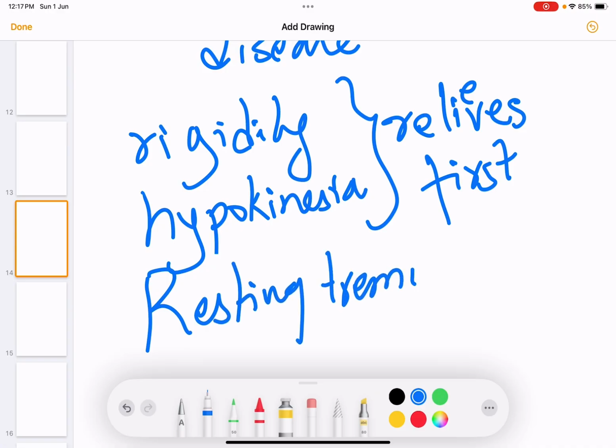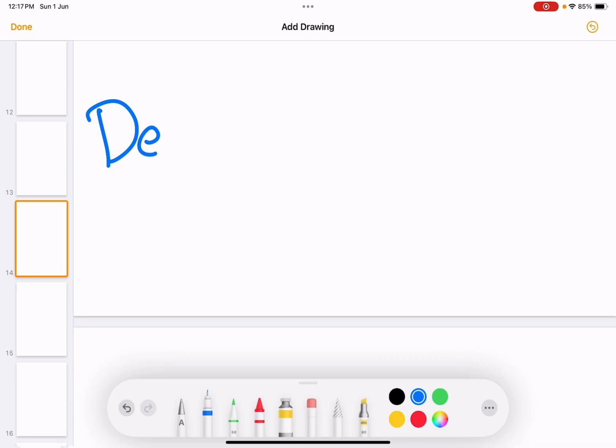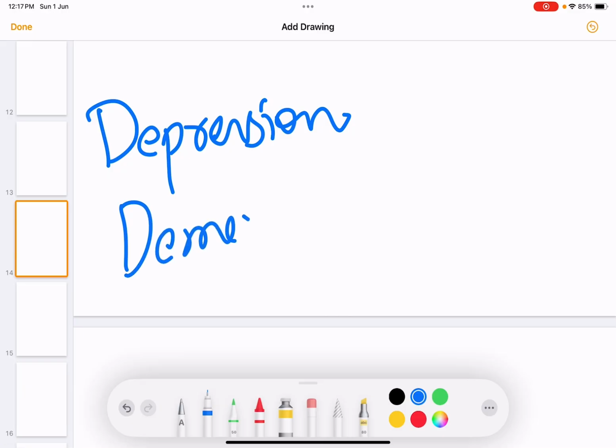Now, if resting tremors are not relieving just with levodopa, you can also add a centrally acting anticholinergic, because resting tremors are said to be due to relative cholinergic axis. But there are some features, for example depression, for example dementia, that do not improve with levodopa.